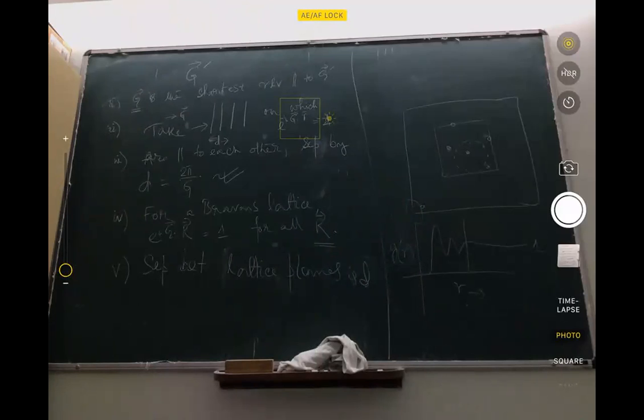Yeah, but you don't count particles that are at distance L. Yeah, so r will vary from 0 to some L by root 2, I guess, because that is the maximum distance we need to worry about.